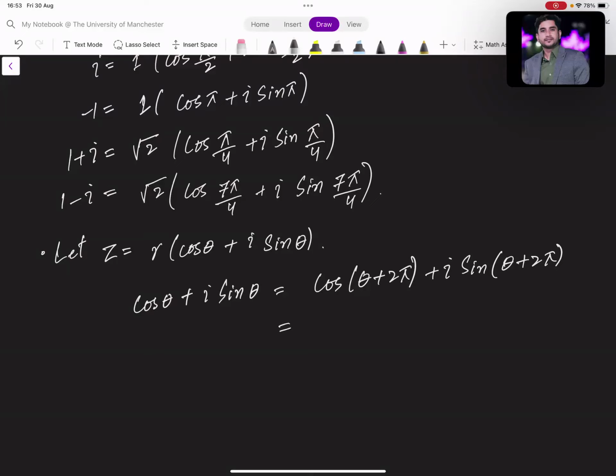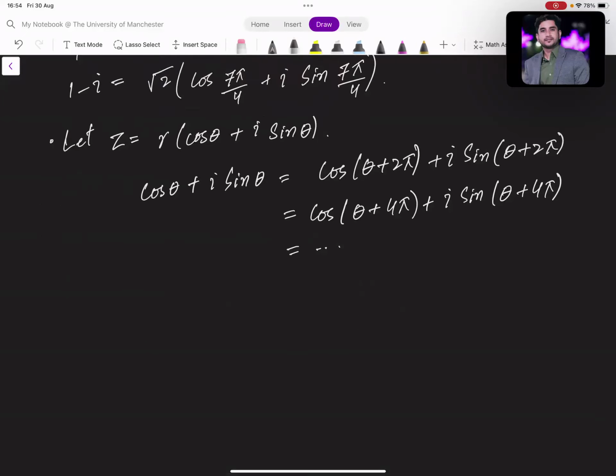Or you can write cos of theta plus 4 pi plus iota sine of theta plus 4 pi, and this goes on. So multiples of 2 pi can be added to theta or subtracted from theta without changing z. Thus, z has many different arguments.